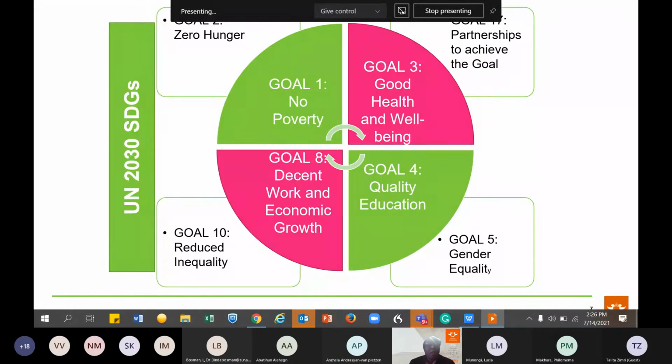We'll never go through the goal on poverty with the current context of ECD. The issue of zero hunger will never end by 2030.